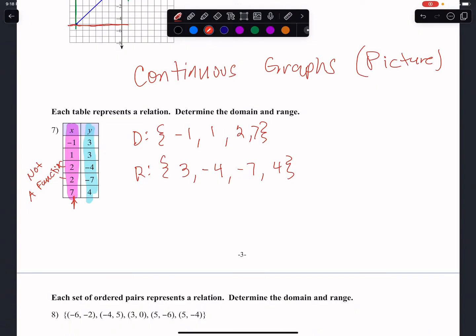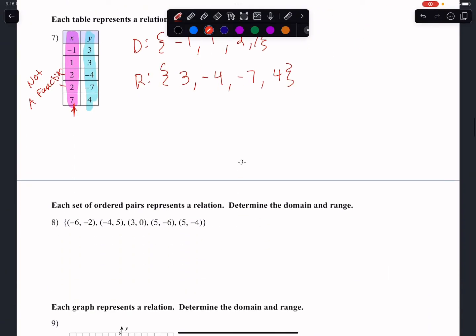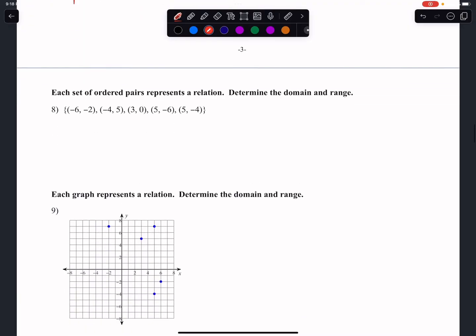All right. Now, let's look at a different version of this. Again, our domain is always X. So our domain is going to be this number, this number, this number, this number, and that number.